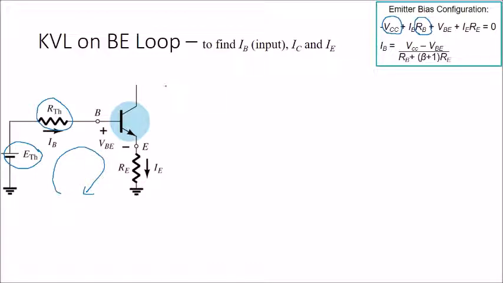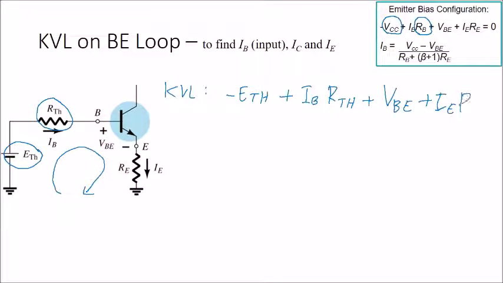Starting from ETH, the KVL will be minus ETH plus IB times RTH, no, RB. Sorry, RTH. And then we have a voltage drop at the transistor, which we label as VBE, and the value is 0.7. And then plus IE RE equal to 0.